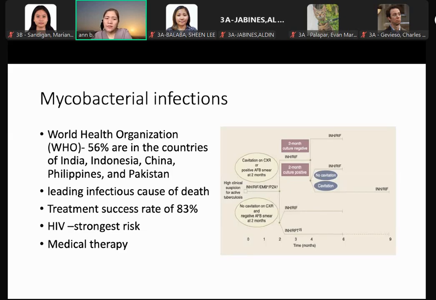For this TB infection, medical therapy is recommended. We have the 2-month intensive phase and the 4-month maintenance phase. I hope you go through with the infection.